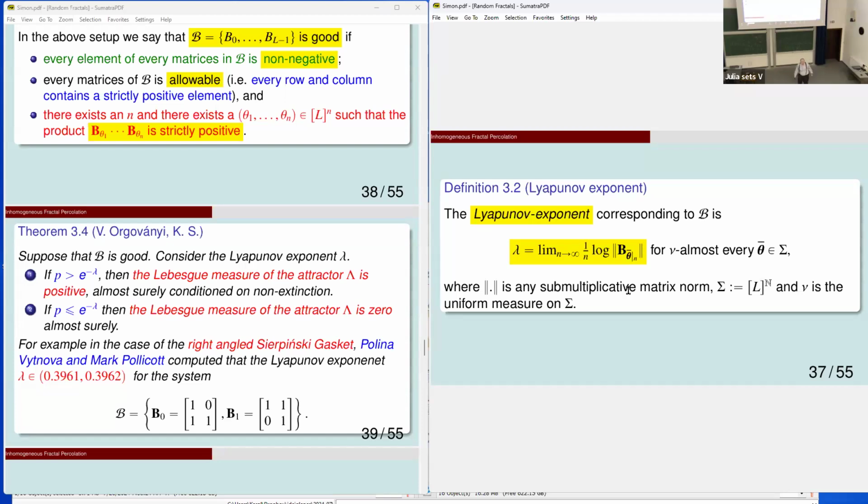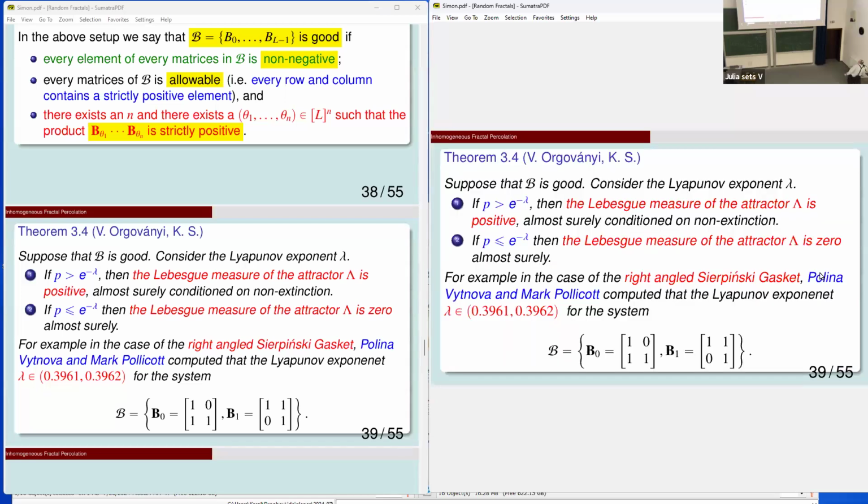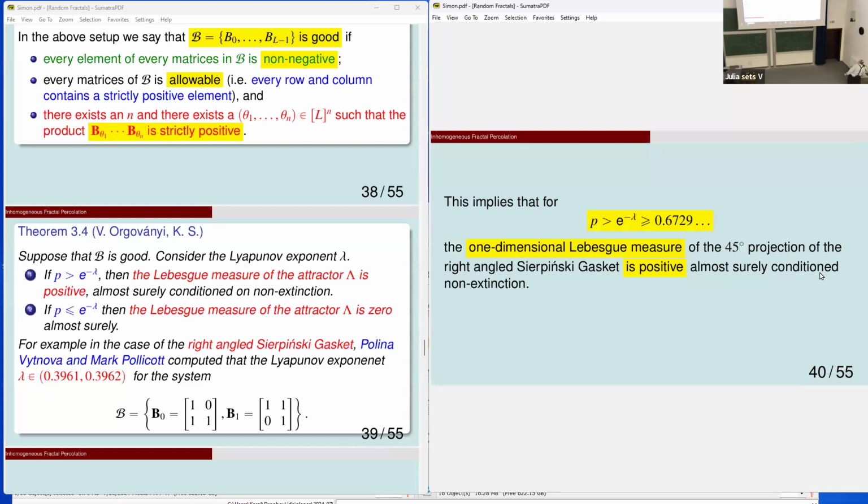So probably I answer your question here. So in our case, how do you compute the Lyapunov exponent? That is not so easy. Actually, we can do it only in the trivial cases, but unfortunately, Mark Pollicott and Polina Vytnova were so nice that they computed it for us for the right angle Sierpinski gasket.